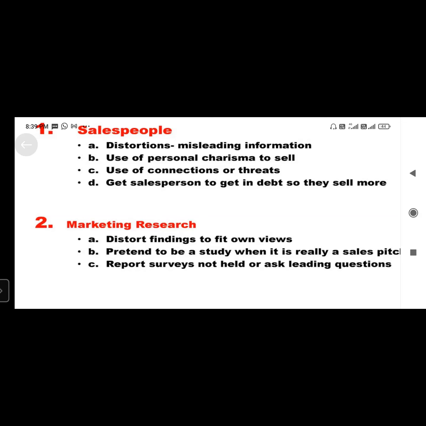That which is morally correct, which is based on values, where we give more importance to human being than money. That is ethics. But here, when we are distorting the findings to fit our own views, it is not ethics.